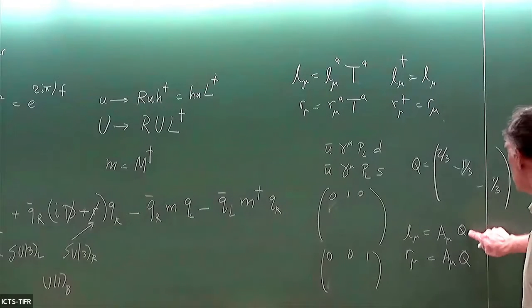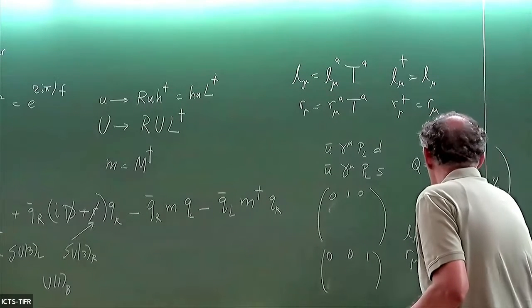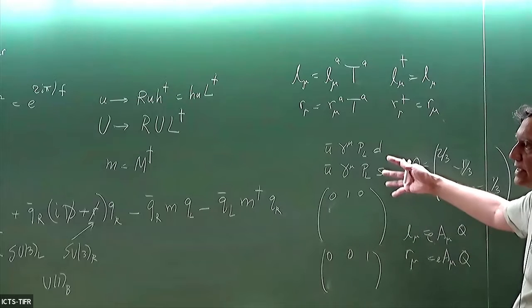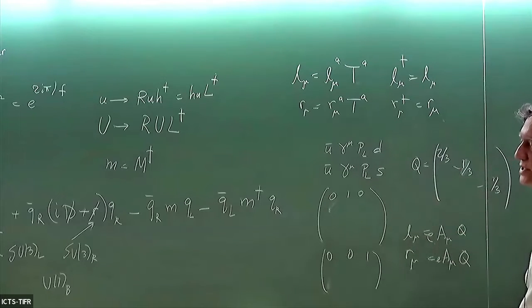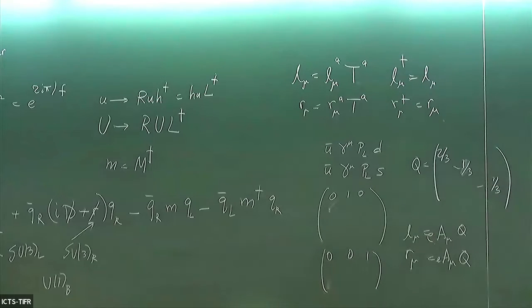And so I pick these matrices Q, and I guess with an e here for the charge. So I can do electromagnetic interactions as well. So these are all special cases, or I can put both weak and electromagnetic in by putting these combinations of matrices in. Okay, is this clear?